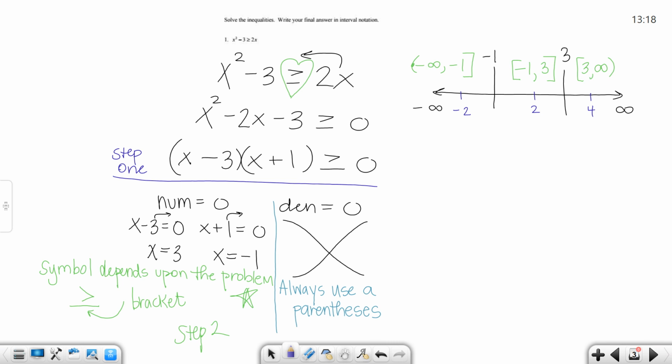Now, look back at the red star. What we need to do with this red star is take the -2 and the 2 and the 4 and plug them into this statement. And we're going to see, is it true or false?